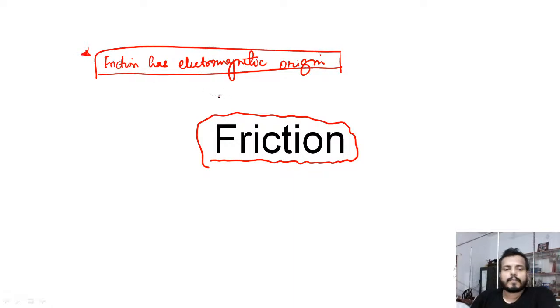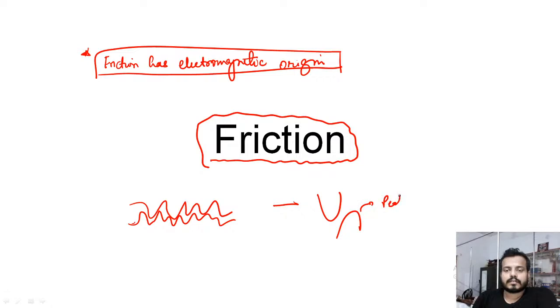All right. So whenever two surfaces get very close to each other, these two surfaces are like this. And then these two surfaces bump with each other. So this is the peak, and that's the valley. So the peak bumps with the valley.